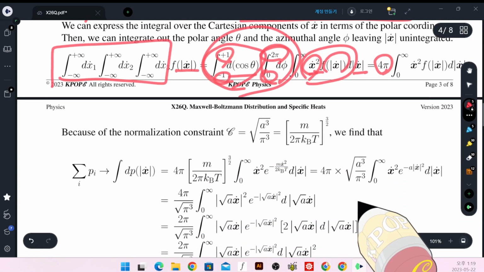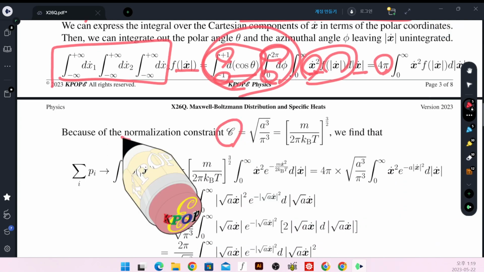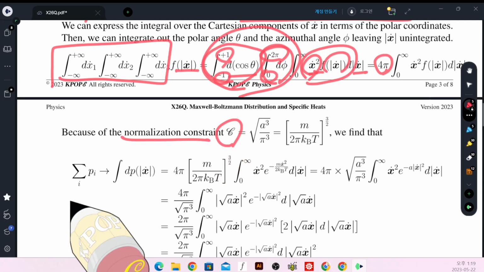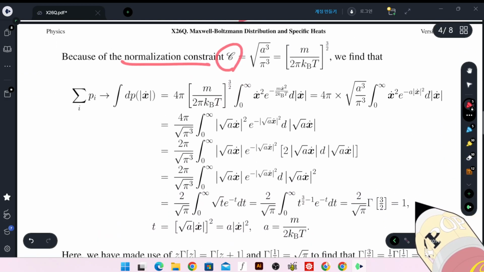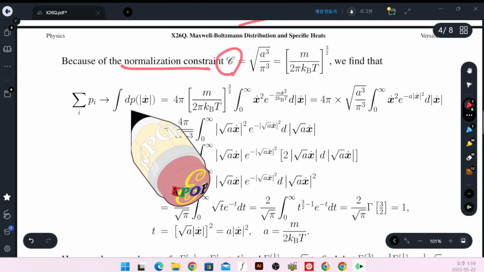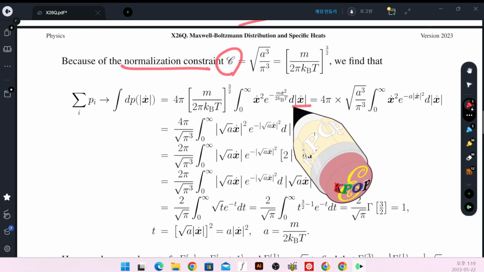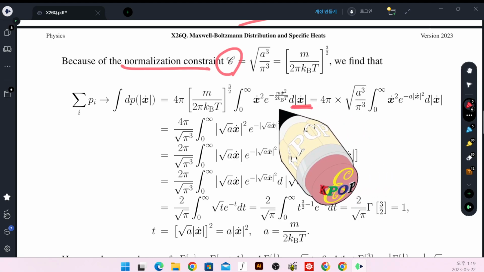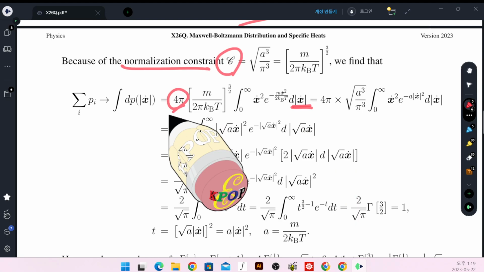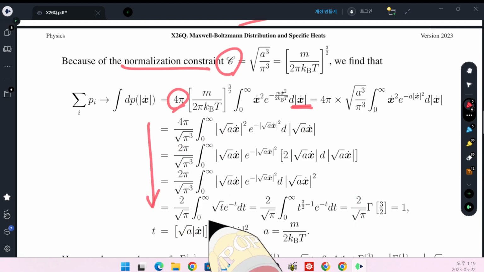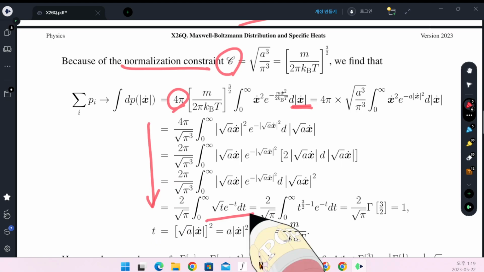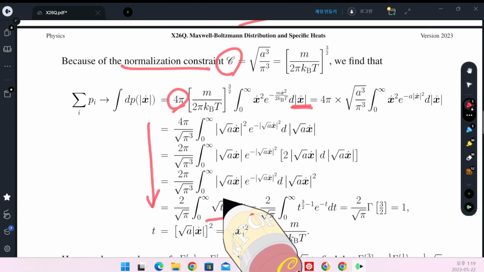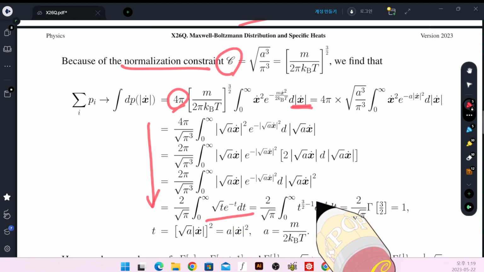Finally, we can make use of this normalization constant and repeat the calculation as an integral in a single variable, the speed instead of velocity. The angle has been integrated out, and we use a change of variable to simplify this integral into this form. This power can be expressed as 1/2, and that is 3/2 minus 1.